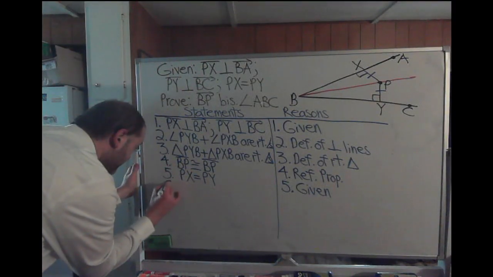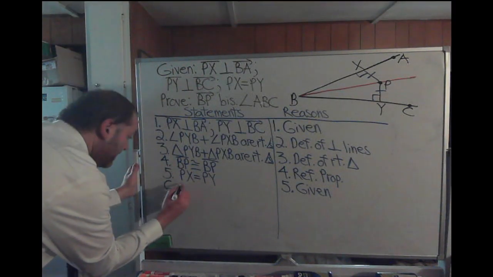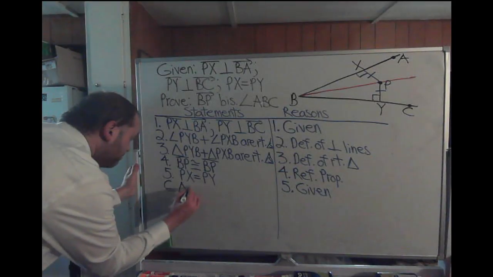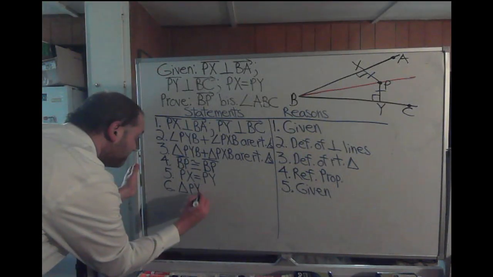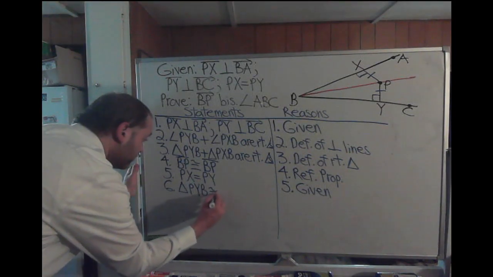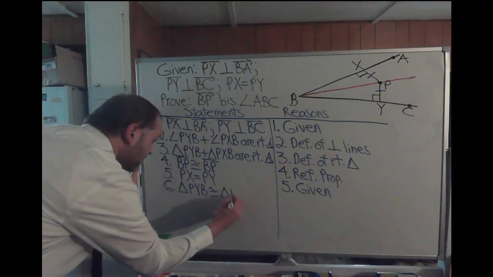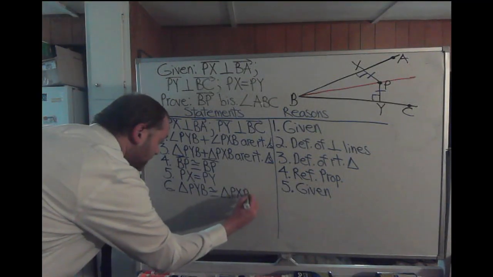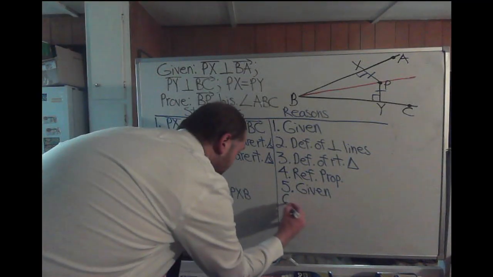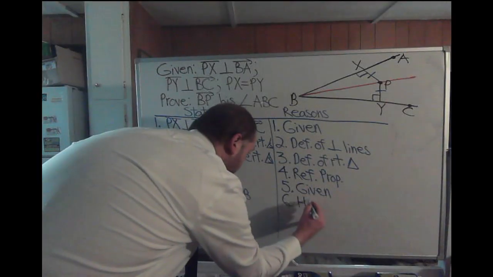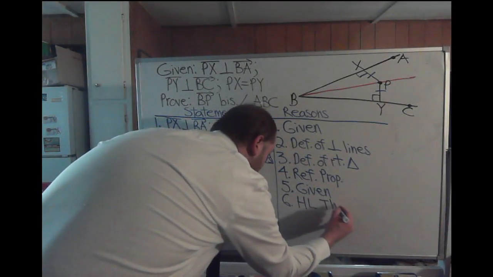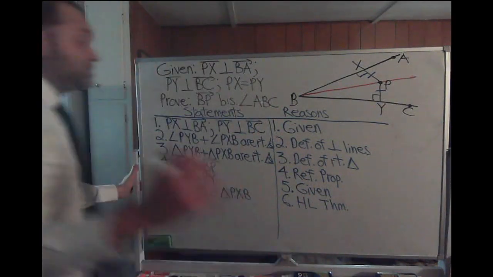So the next step is now to say that triangle PYB is actually congruent to triangle PXB by the hypotenuse leg theorem, or the HL theorem. You can say that. So that's great.